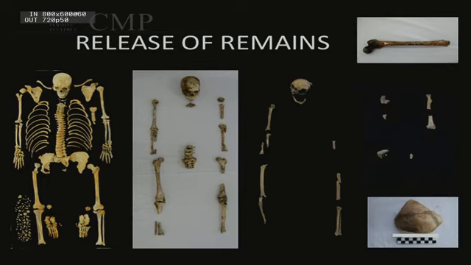After the identification and the viewing, the families arrange the burials and we release the remains. We try to release as complete bodies as possible, but unfortunately we cannot always do it. You can see some variations of our release of remains. Sometimes we have to release only a small bone fragment to the families, which is very difficult for them to accept and to bury.